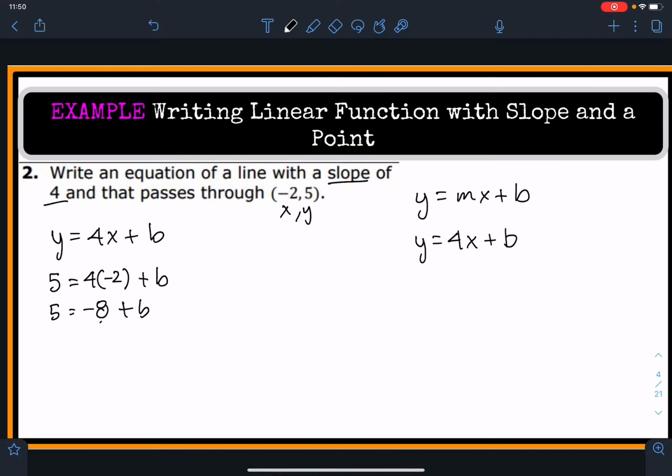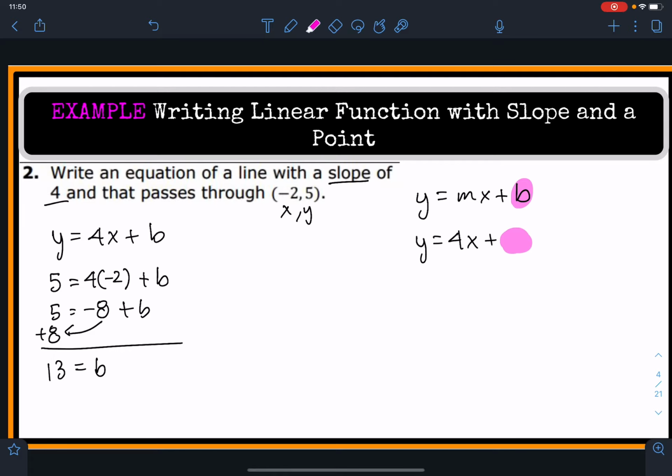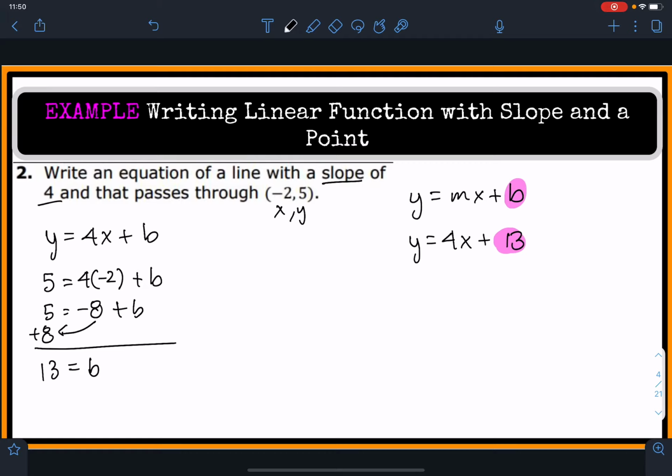And then moving the 8 to the other side with the 5, I get +8. So I get that the value of b is equal to 13. Now I know what number to plug in for the letter b. So that's how I figure out the slope-intercept form: y would equal 4x plus 13.